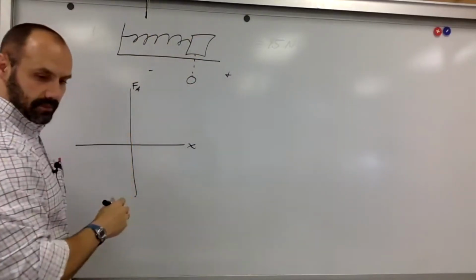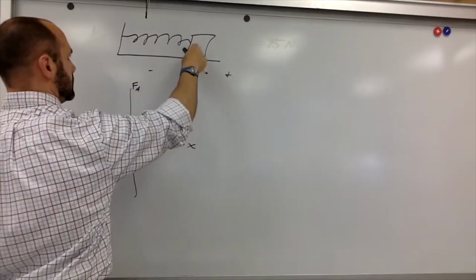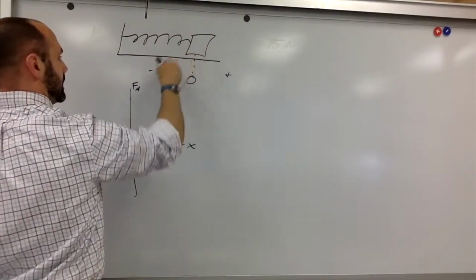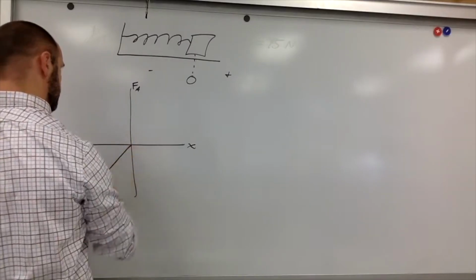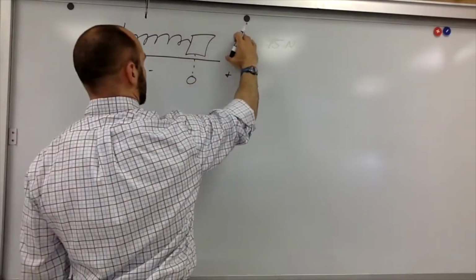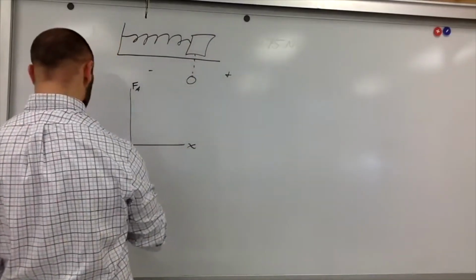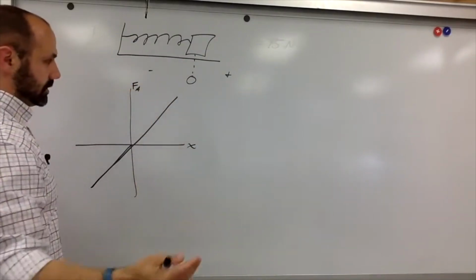Or rather, in order for me to move it this way, I'm pushing in the negative direction, and the position is in the negative direction as well. And then if I'm holding the block over here, I'm having to pull this way, and the block is also this way. So FA versus X looks like that.